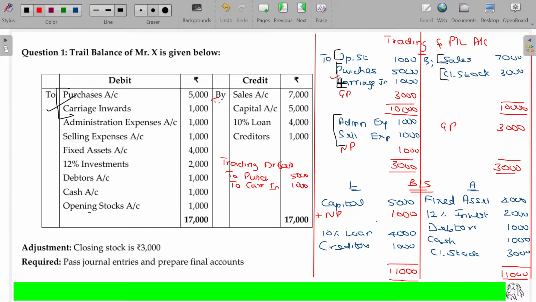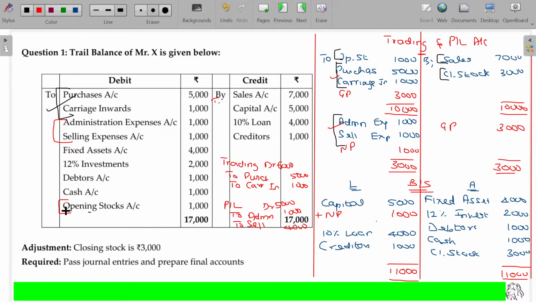Entry for this is passed. Entry for these two are debited to the P&L account. So P&L account debit to admin, to selling, 1,000 and 4,000. Total being 5,000. For this, entry is passed.